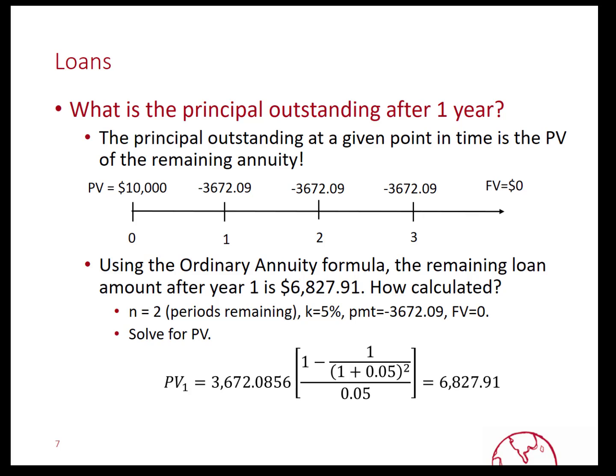Plugging it in, we can see, yes, the principal amount outstanding at the end of the first year is $6,827.91, the same amount that was shown in our amortization table. So at any point in time, you can calculate how much is remaining by simply using this annuity formula and remembering how many periods you still have outstanding.